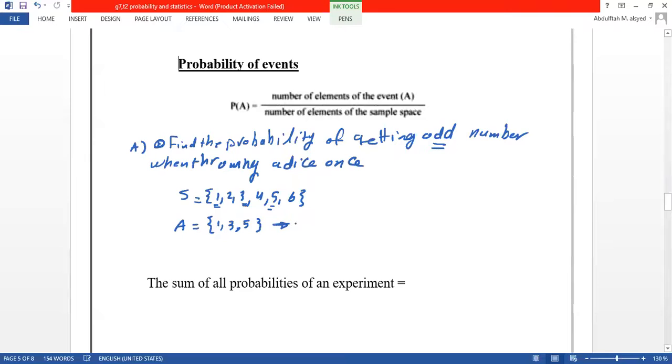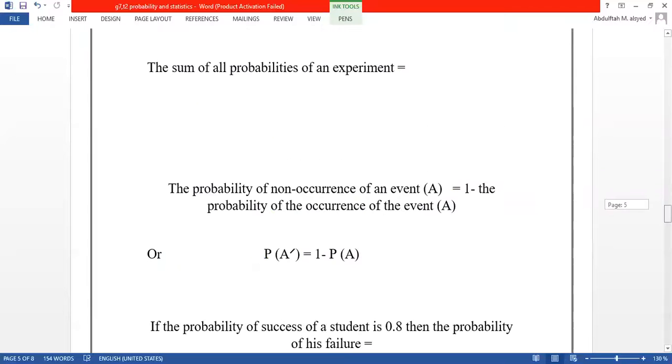Now we want to find the probability of event A. As the rule mentioned, we divide the number of elements of A by the number of elements of the sample space. The number of elements of A is 3, over the total number of the sample space, which is 6. Okay, we finished this last time.